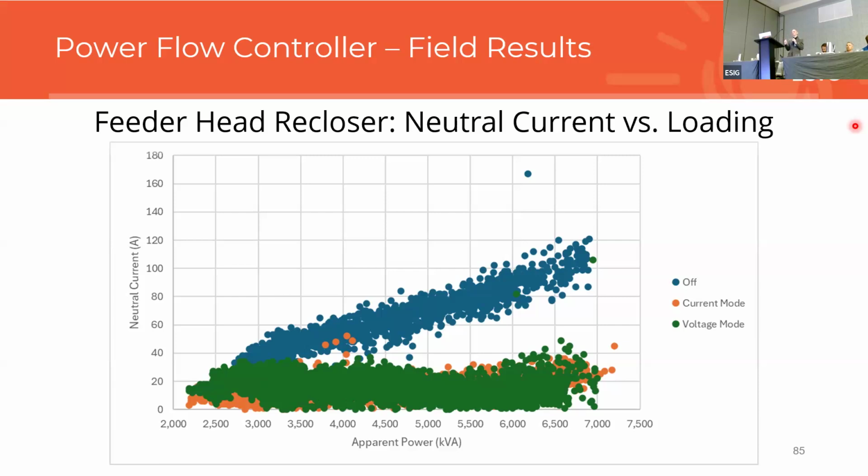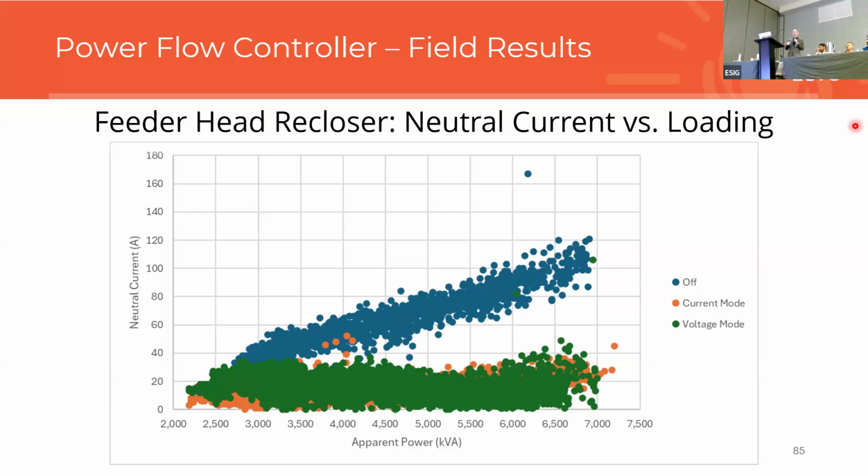And the device was operated in 3 different modes: device off, device in current control mode, and device in voltage control mode. When the device is off, you get a fairly linear relationship here, where you can see as the load increases, your imbalance also increased. You saw this linear increase in your neutral current.